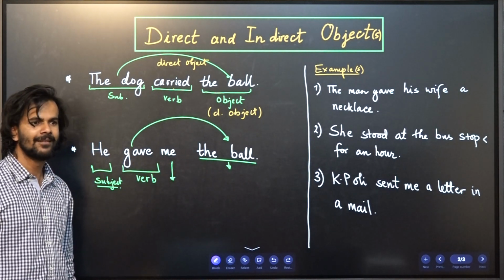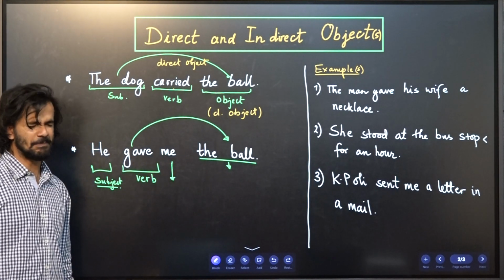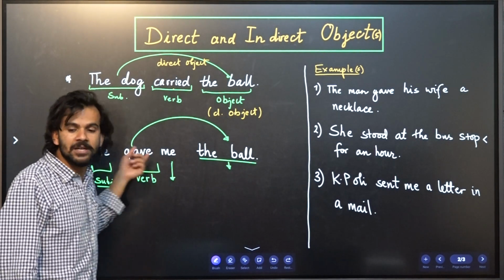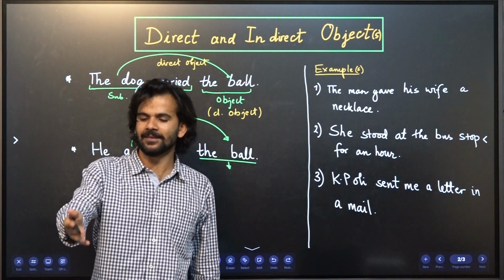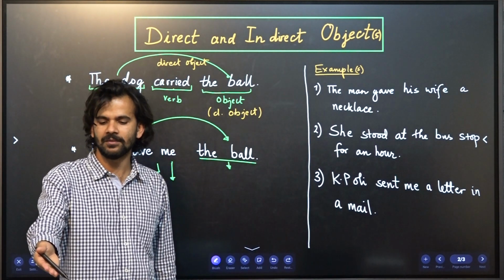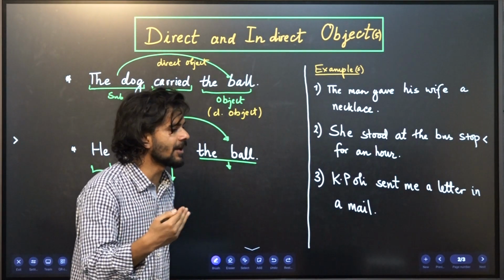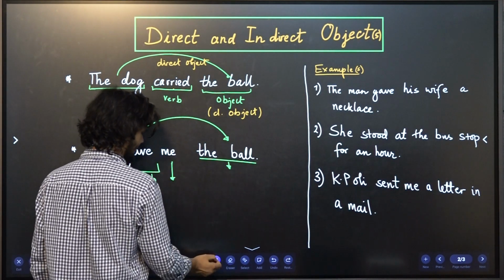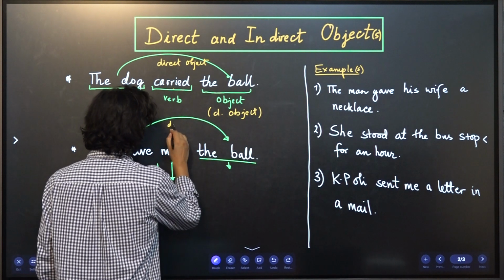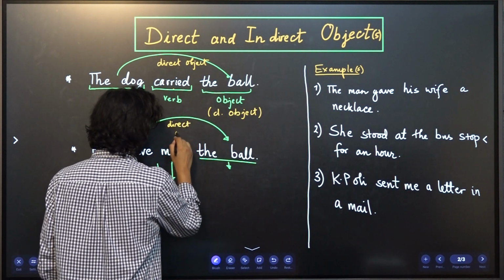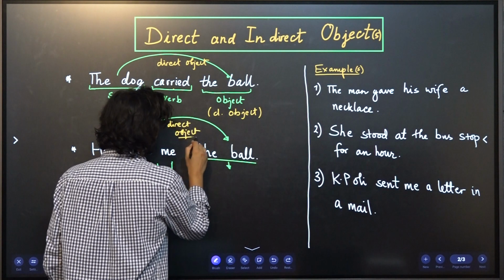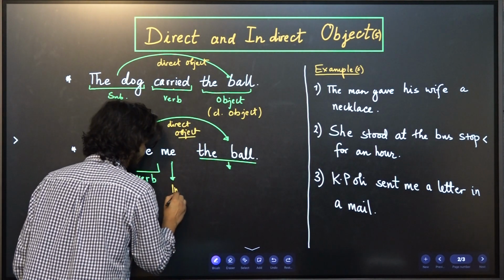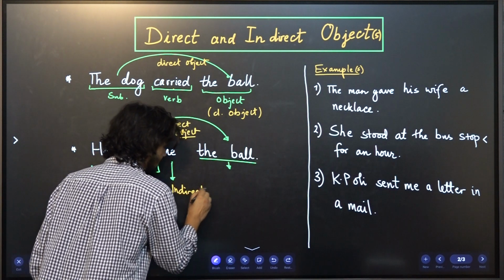On what is the giving action happening? On the ball. Therefore this is the direct object. To whom? To me, this is the indirect object.